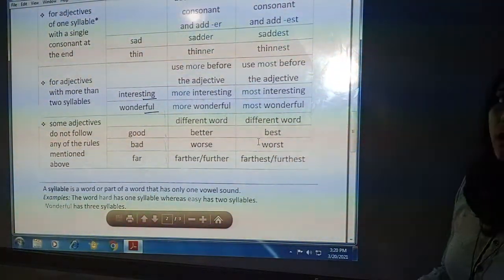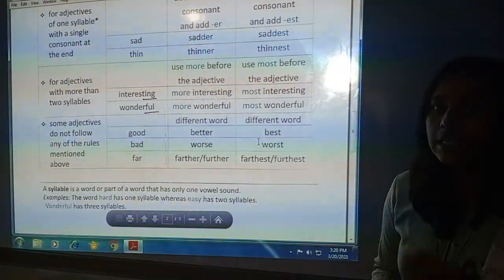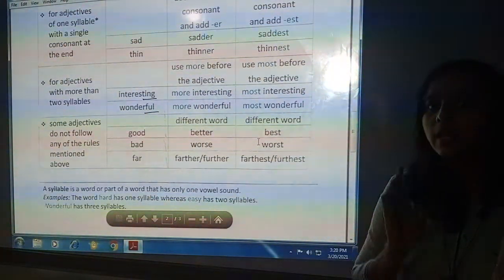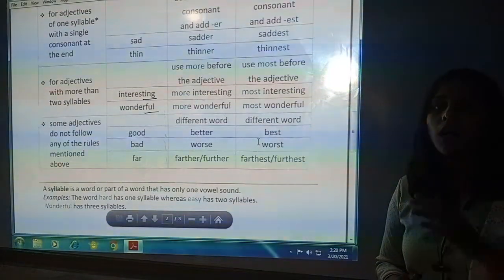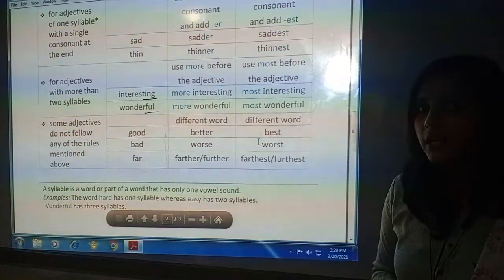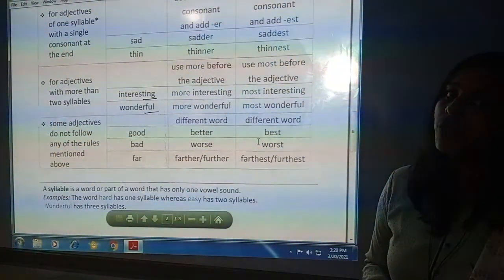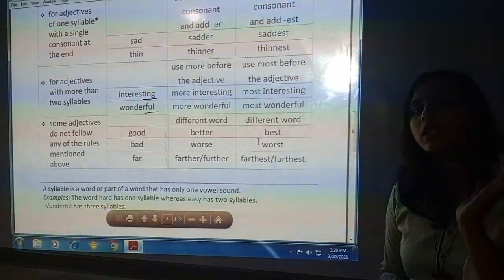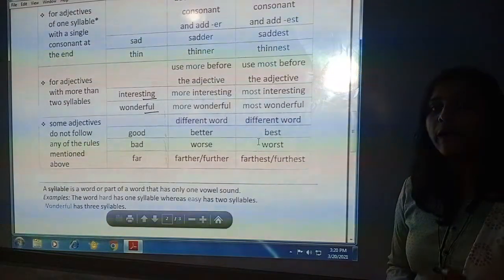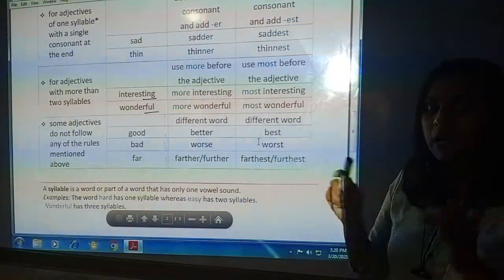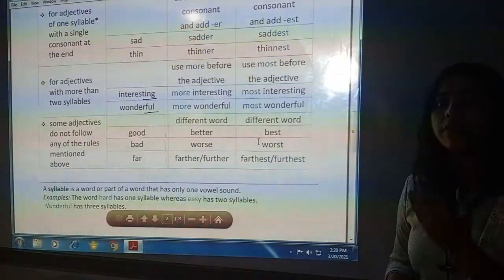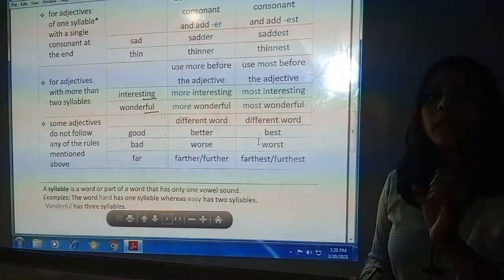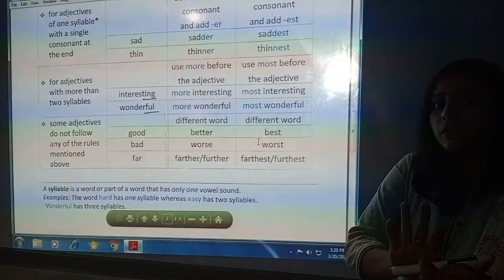So mostly, to convert the adjective into the comparative degree you have to add -er, and if a suffix is already added, you have to add more before the adjective. To convert into the superlative degree, either you add -est after the adjective, or if a suffix is already added, you add most before the adjective.